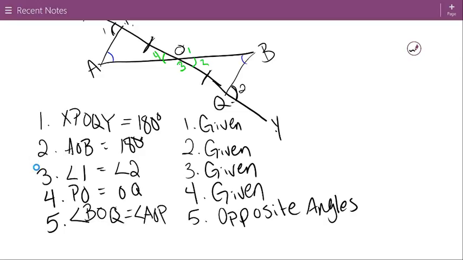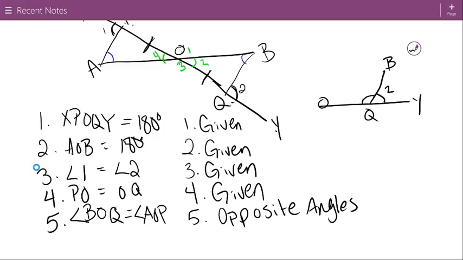So now we have an angle, we have a side, and then we have that information about angle 1 and angle 2 being equal. If we look at just this section over here with OQY, we've got ray B coming up, and over here we have 2. Then we're going to have angle OQB.